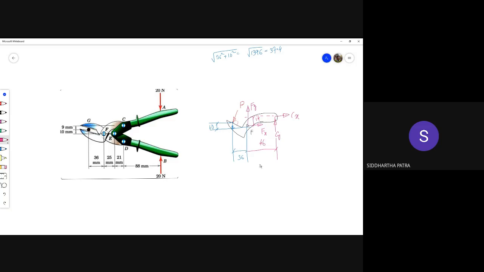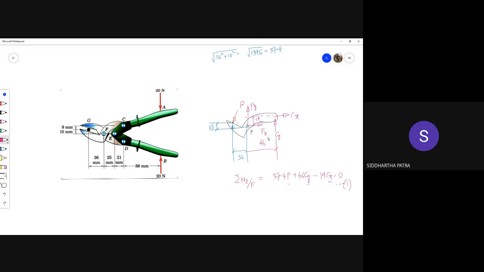So you can actually get the moment due to all the forces about F. That will give you a relation involving 37.4 times P, which is counterclockwise, then 46 Cy, and minus 19 Cx equals 0. That is the equation that you are going to get. You see, there are three unknowns in this equation, but only a single equation. But that still is one equation, right? So let that be one equation.